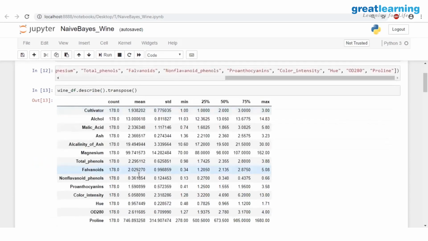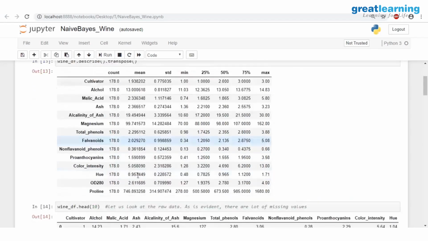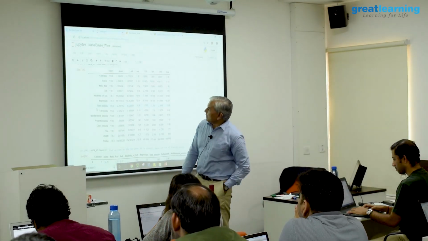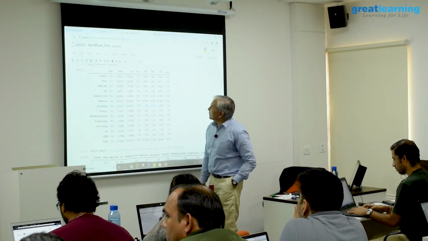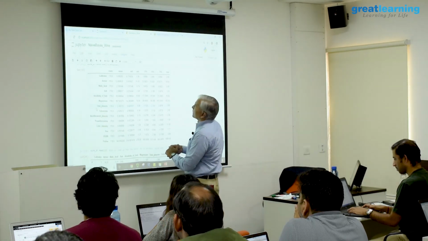When I load this data set and do a df.describe, once again it is used to identify the tails. Look at any of these columns. We'll just look at one.